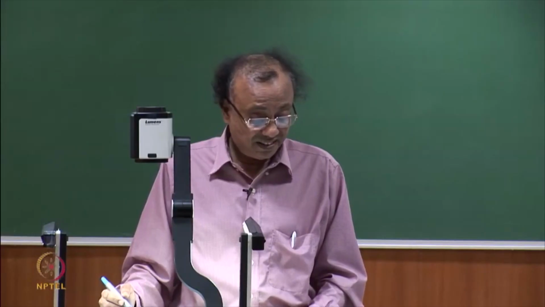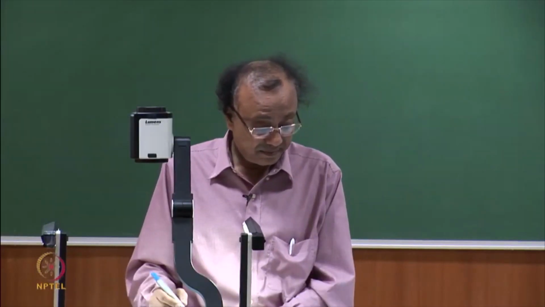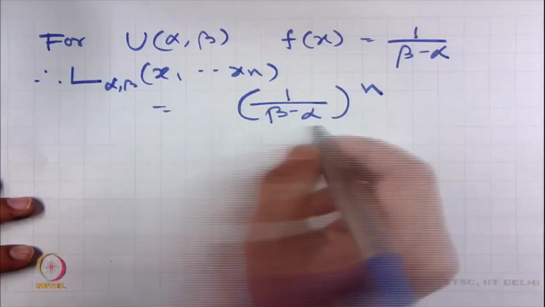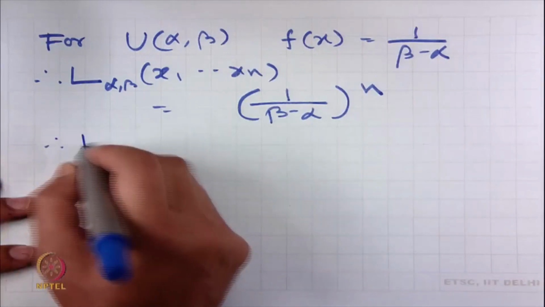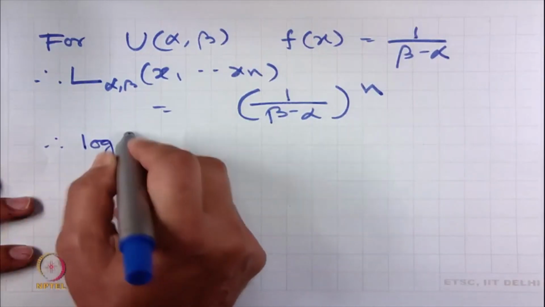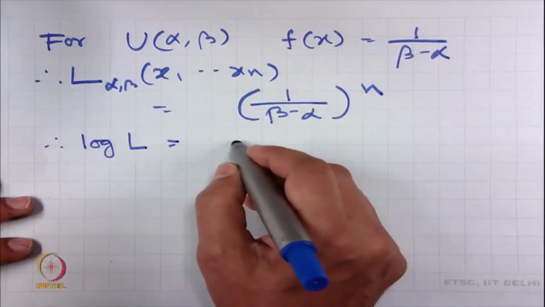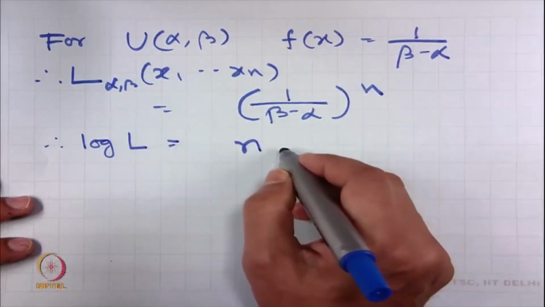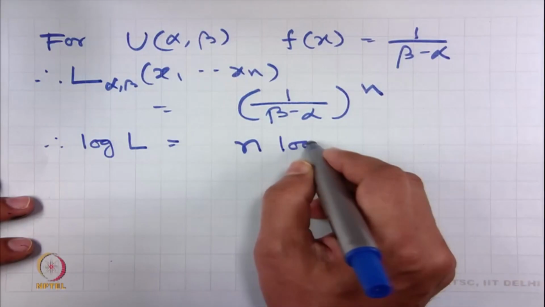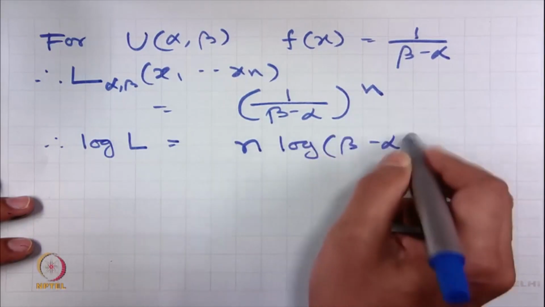Therefore, log L is equal to minus n log beta minus alpha.